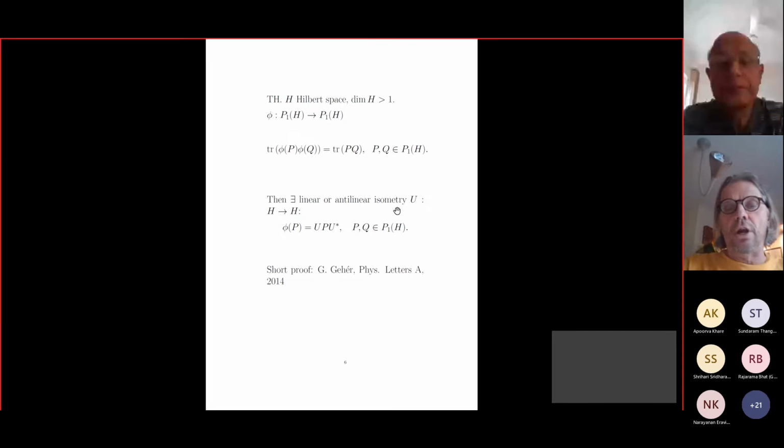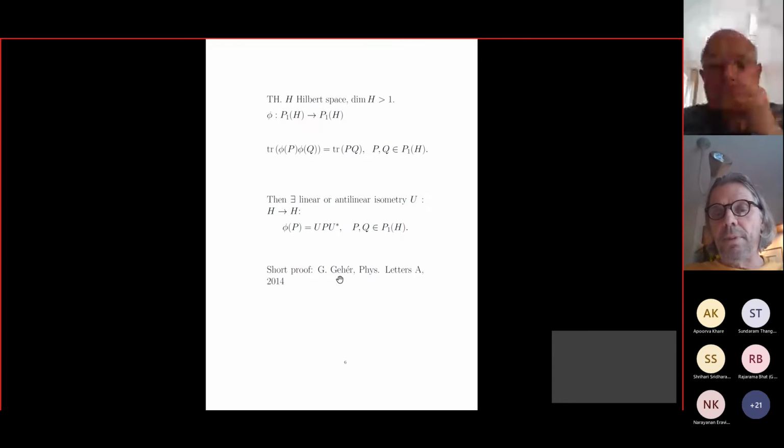This has been known for a long time, and I believe this is the shortest proof, self-contained and very simple. It is by Georgi Gecher, and you can find it in Physics Letters A, published in 2014.